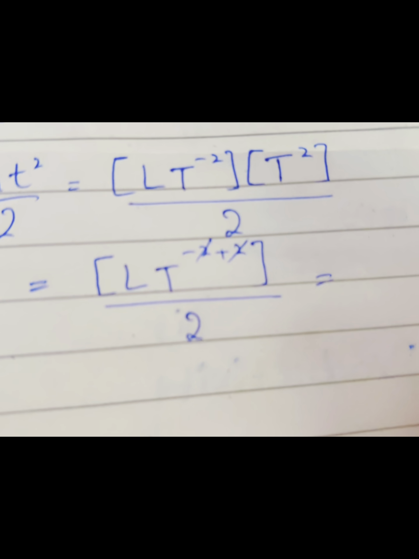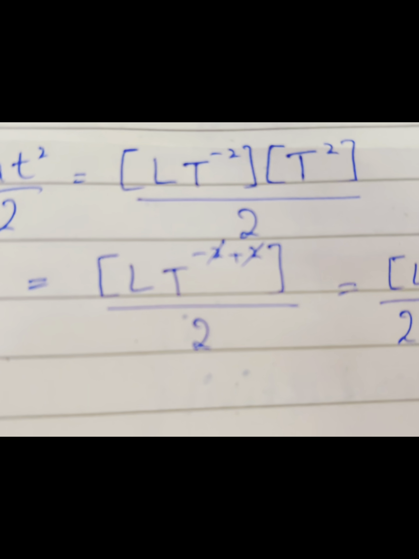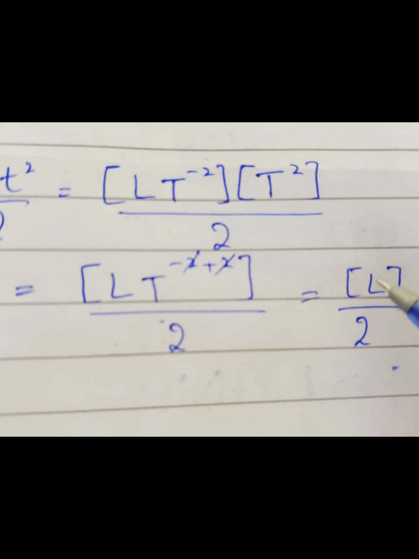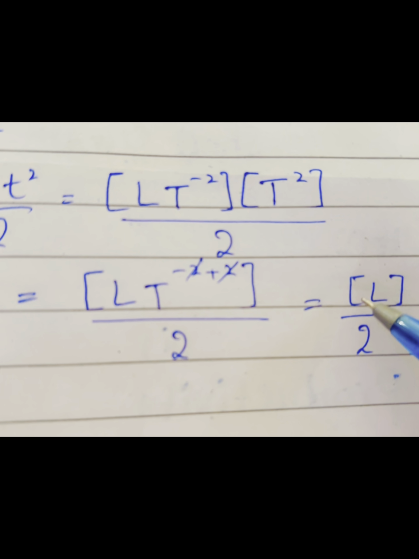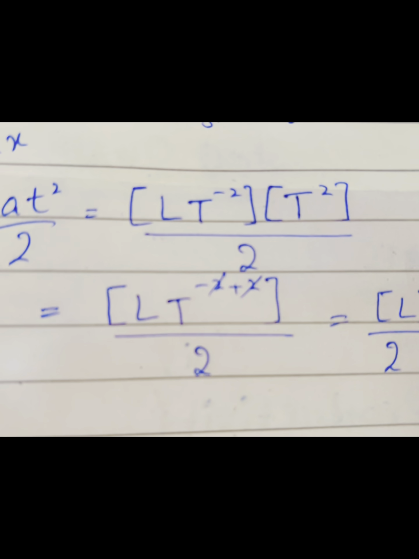They become 0. So there is a dimension of L with a constant in the denominator, 2. So the dimension is L and the whole answer of this expression is L by 2.